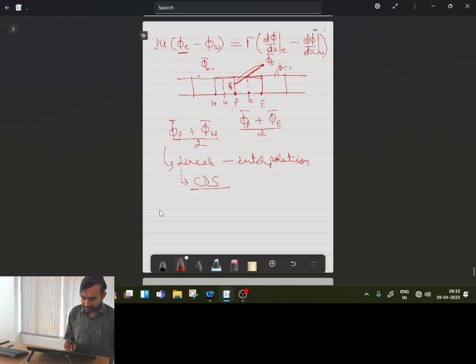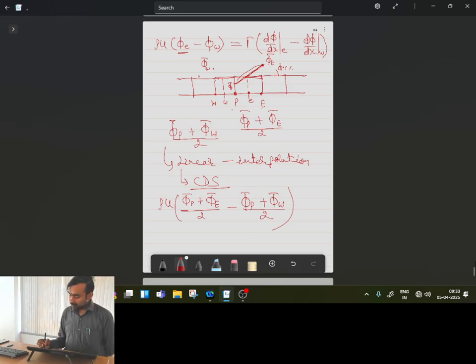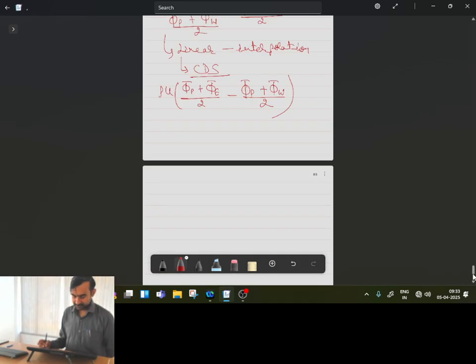So now the left hand side I can write rho u into phi bar P plus phi bar E divided by 2 minus of phi bar P plus phi bar W divided by 2. Okay. Now comes the right hand side.